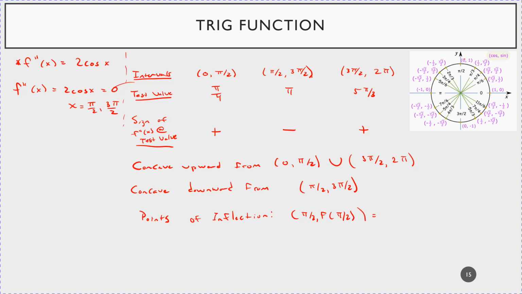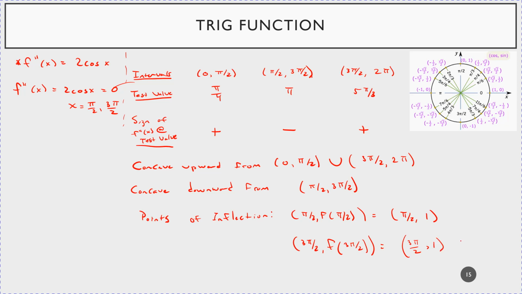Well, when you plug pi over 2 into the original, which was minus 2 cosine of x plus 1, you get pi over 2, comma 1. And then the next one is 3 pi over 2, comma f of 3 pi over 2. You get the same thing: 3 pi over 2, comma 1.